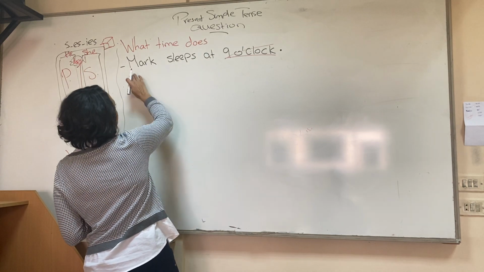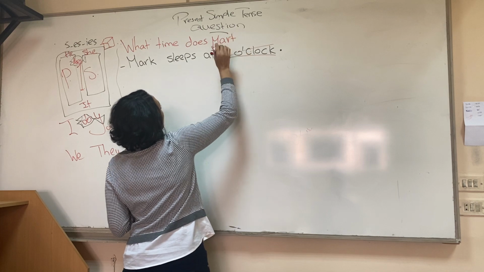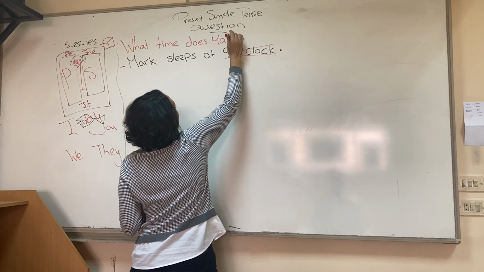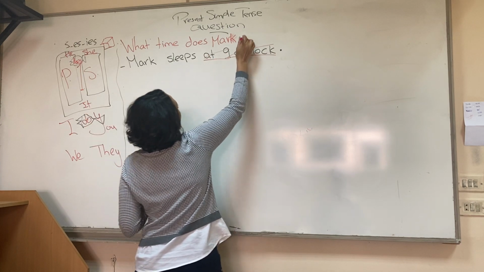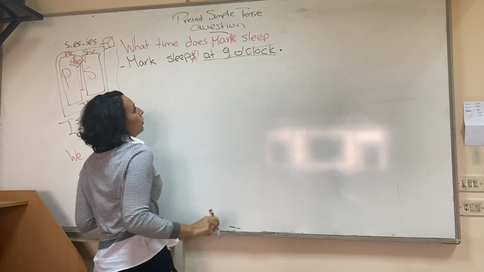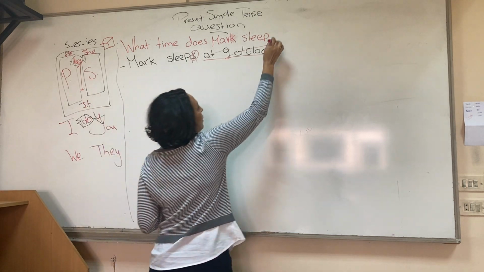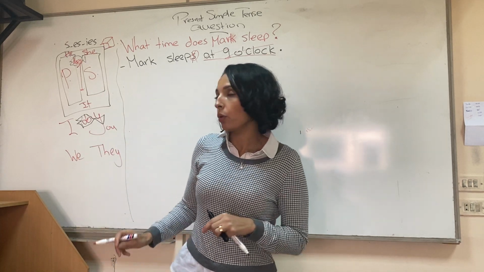And I write my sentence, what time does Mark sleep? And of course you will cross the S and add a question mark. Okay, let's go to the next one.